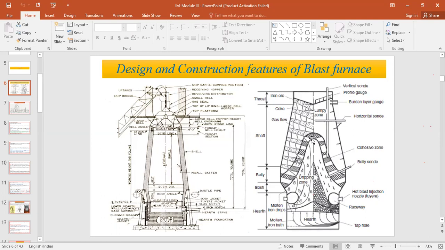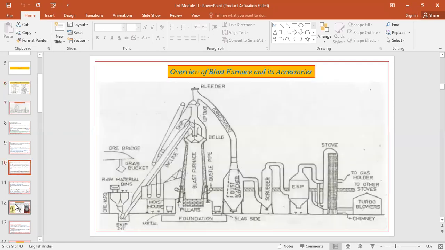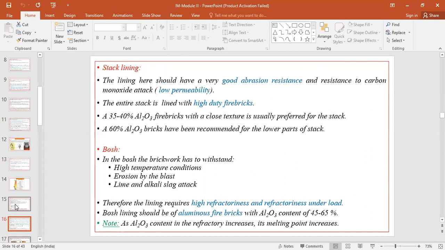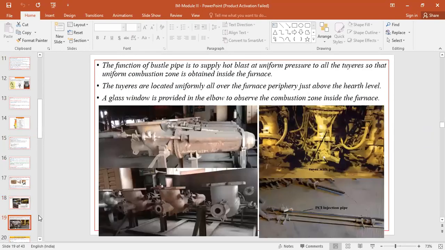Because of this transformation from solid to liquid in the cohesive zone, this zone has the lowest permeability inside the blast furnace. So the Bosch is the region where the cohesive zone starts, that is, the roots of the cohesive zone start from the Bosch part of the blast furnace.